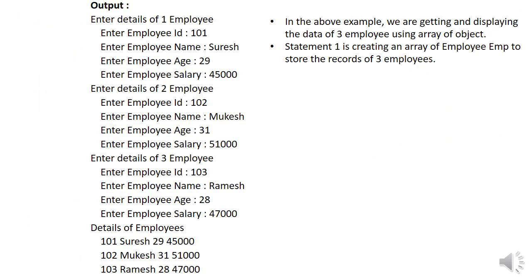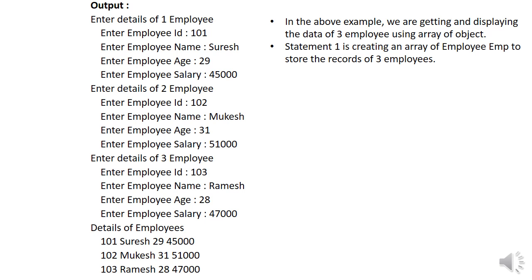This is an output of the program that I have explained in the previous slide. Inside the main function, I have created an array of employee emp, which is an object for storing the records of 3 employees. So size is mentioned as 3. Then by using the for loop, the user is asked to enter details of 3 employees.